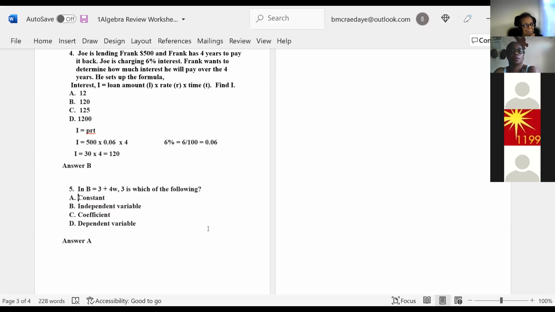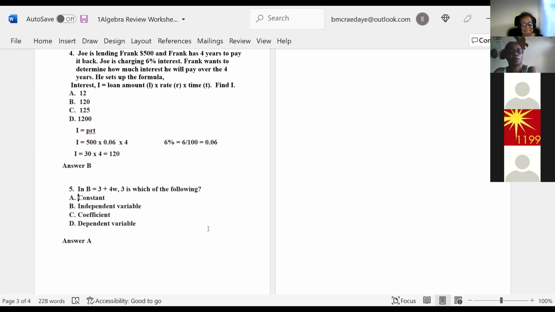I wasn't thinking about the word constant because I didn't hear about it as regularly, so that threw me off. Remember, constant is always a number. It does not have A through Z on it.